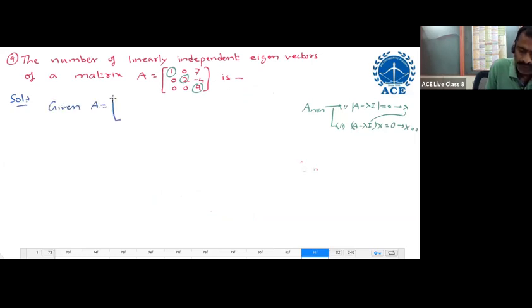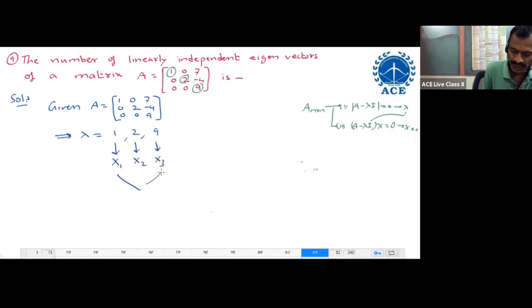Given A equal to 1, 0, 7, 0, 2, minus 4, 0, 0, 9, which implies the eigenvalues are lambda equal to 1, 2, 9. So corresponding to each eigenvalue, we can find one eigenvector only, x1, x2, x3. So here all eigenvectors will be linearly independent. How many are independent? 3.